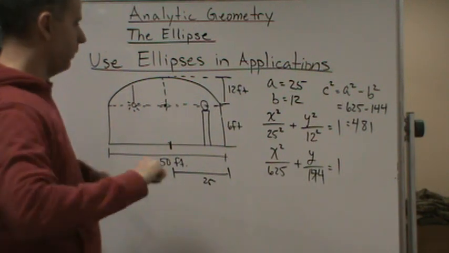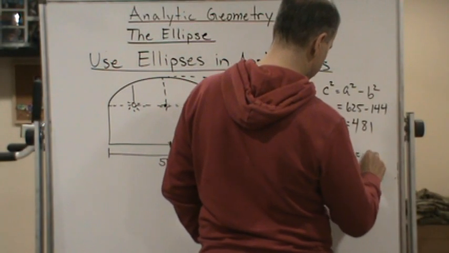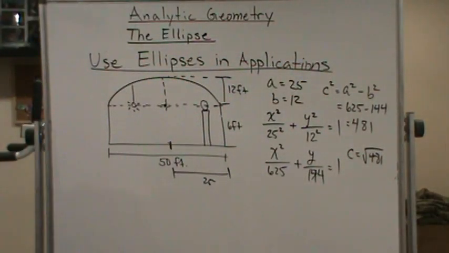And so we take the square root of that, so C equals the square root of 481, and if you stick that in your calculator, we get approximately plus or minus 21.9 feet.